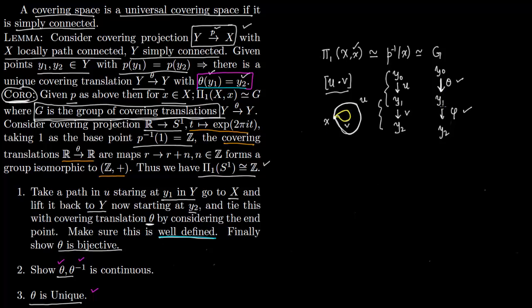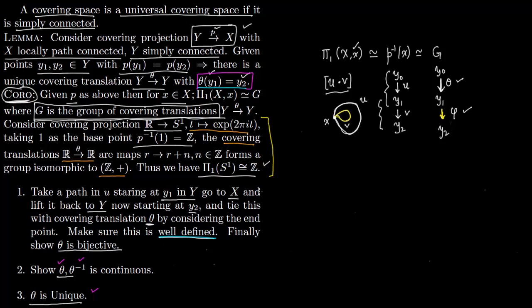That is the same as going around phi here. So going around loops is the same as composition of maps, and we had given a specific example in terms of the circle. We had drawn it and shown that composition of maps is the same as adding integers, and that is it.